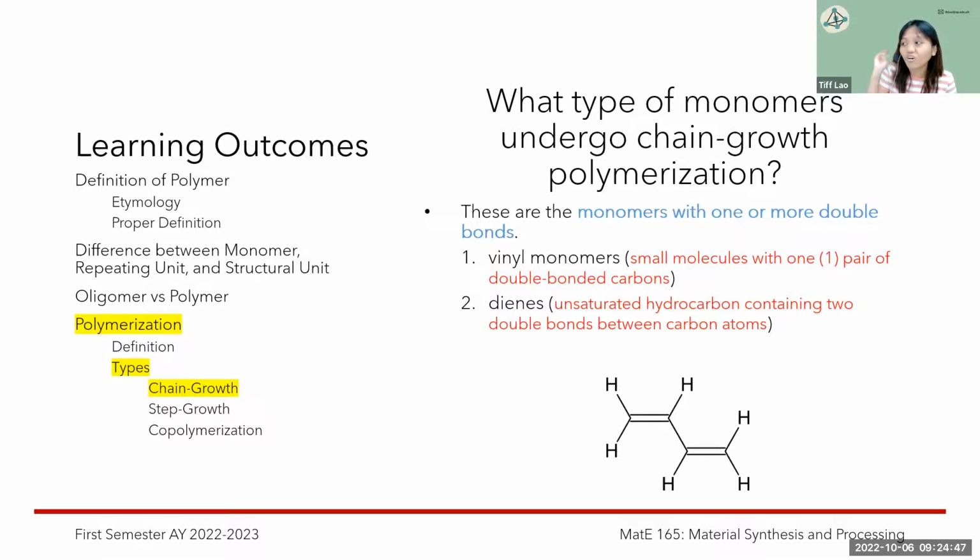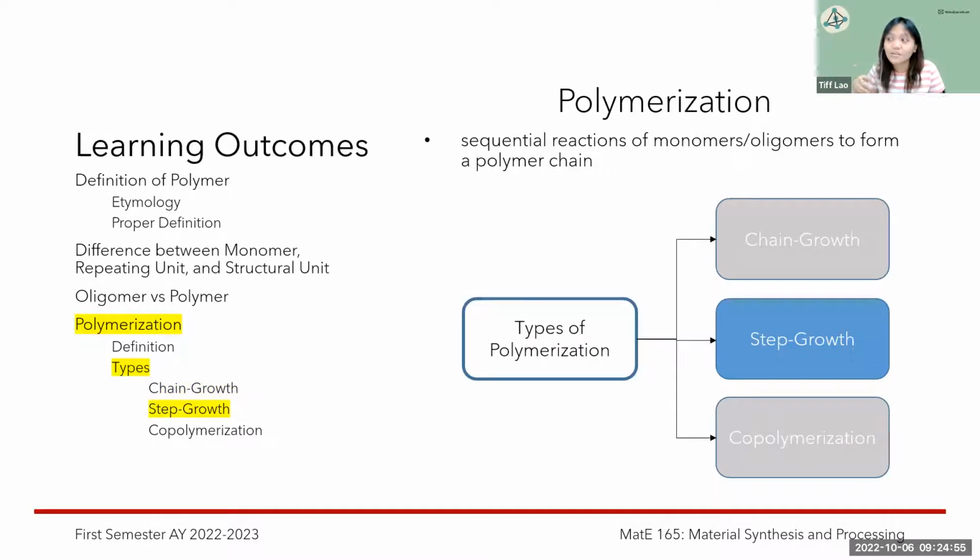Pag nakikita siyang double bonded carbon, okay na yun. Makakabuo kayo ng polymer. Yung step growth, which is next, kailangan masatisfy yung type ng organic functional groups para doon sa binubuo mong polymer. Okay? So yun yung difference niya.